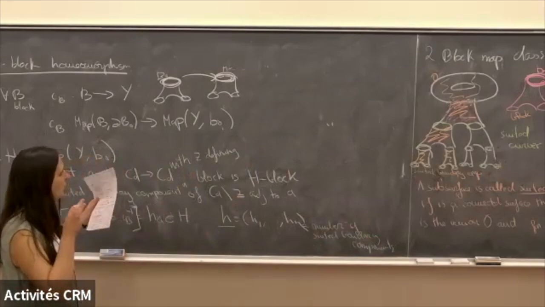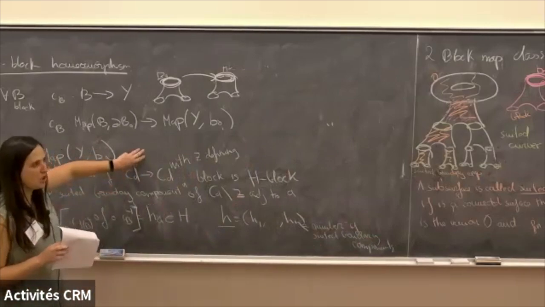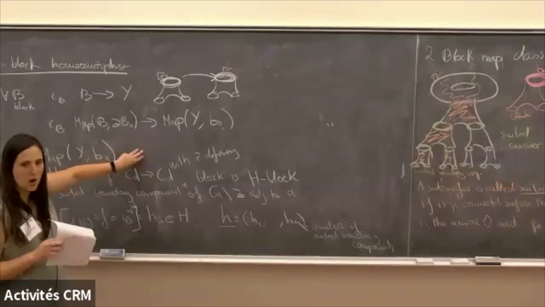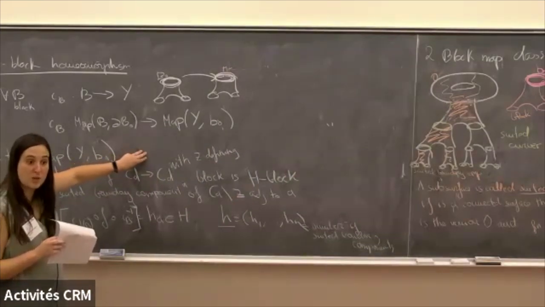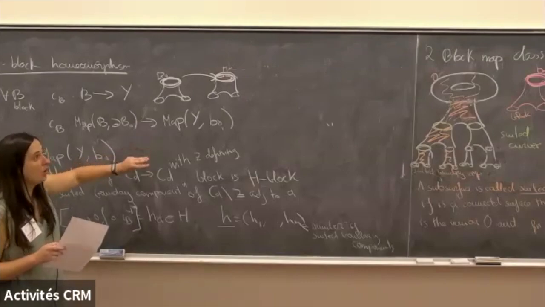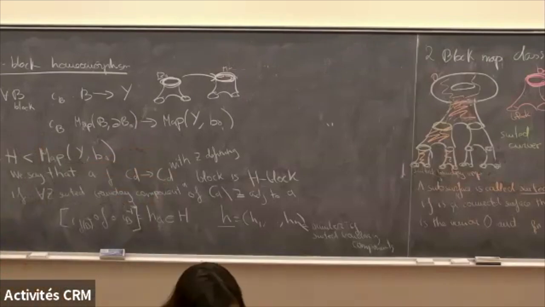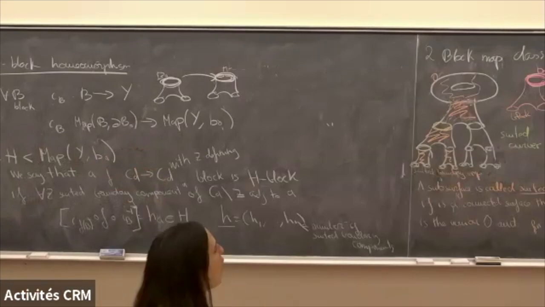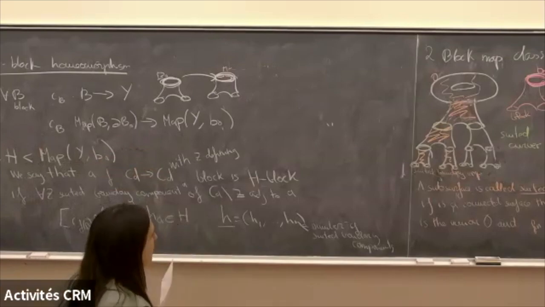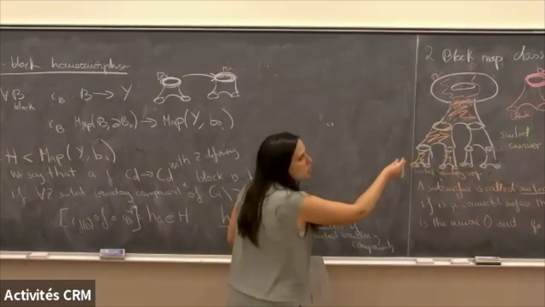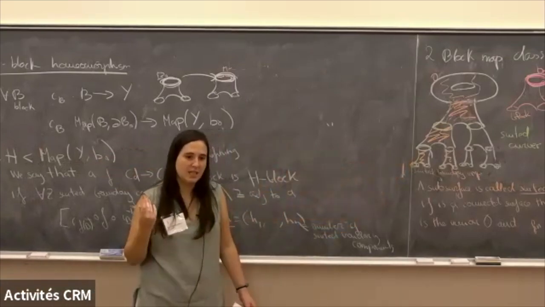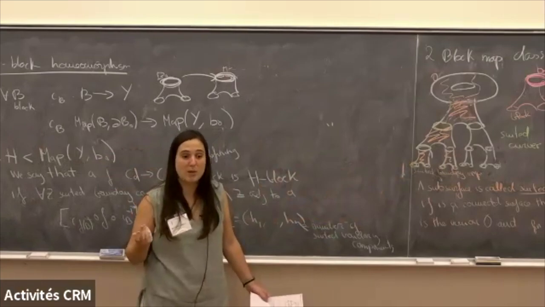Right. So this is our generalization of the symmetric Higman Thompson groups: block mapping class groups. And why do I say it is a generalization? Well, because there is a kind of obvious correspondence from this to the symmetric Higman Thompson group.